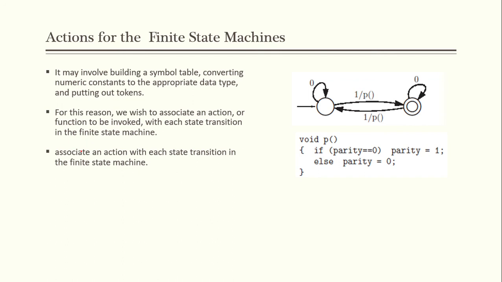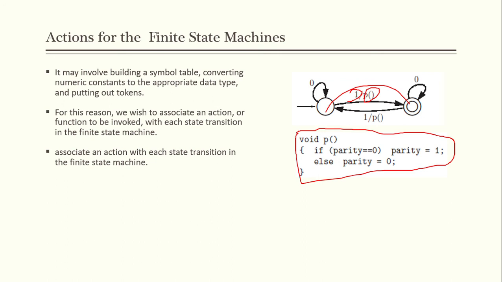For example, when we go from the start state to another state on input A, you need to do P1. P here is a method, which the system needs to compute.